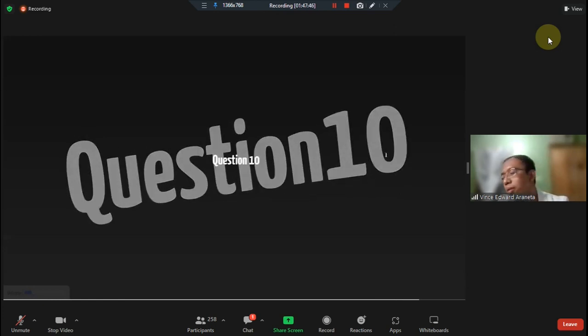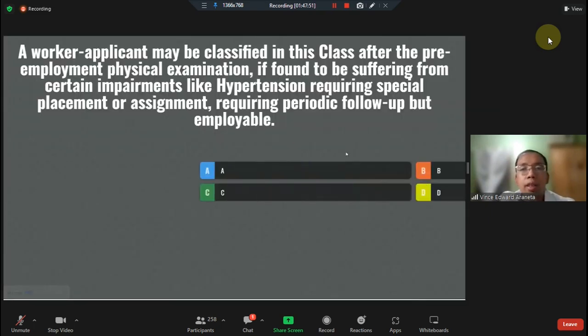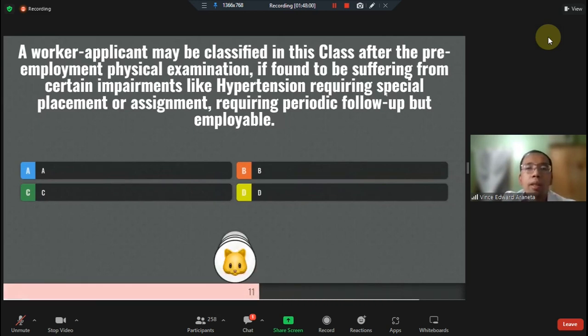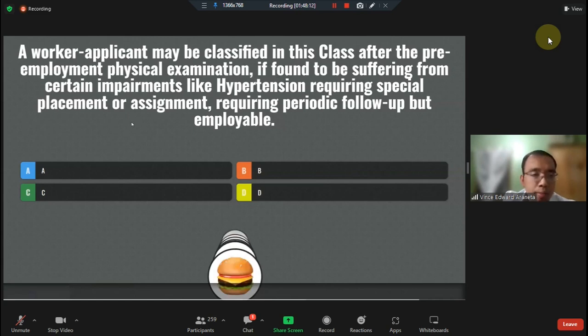Last question. A worker applicant may be classified in this class after the pre-employment exam if found to be suffering from certain impairments like hypertension, requiring special placement or assignment, requiring periodic follow-up, but employable. This patient is cleared to work but needs frequent follow-up and/or special placement.